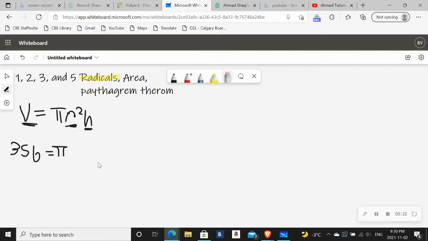No. Let's get rid of that. Because, like I said, we already know that our r is x. So let's just put it as that. Because it's smart to do. Squared. And our h is 4x. So let's write that down. 4x. Okay.